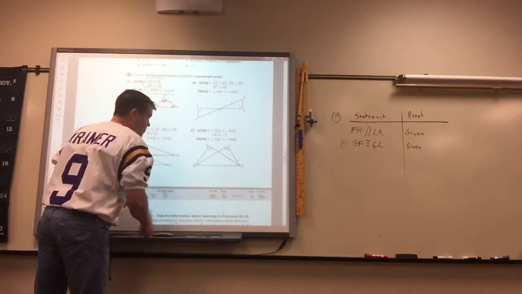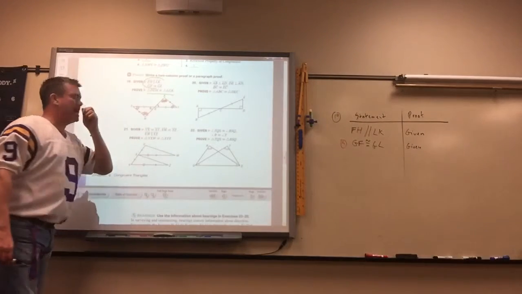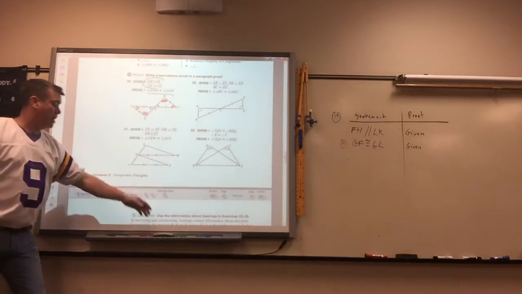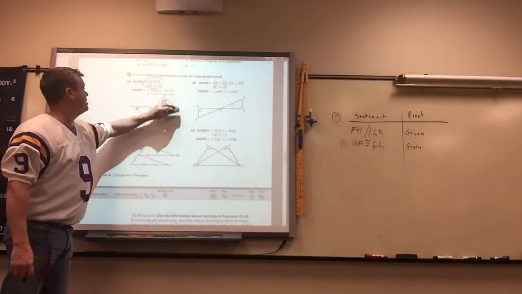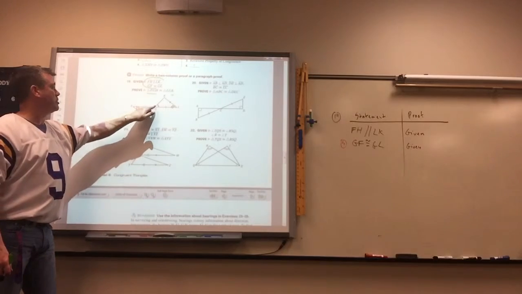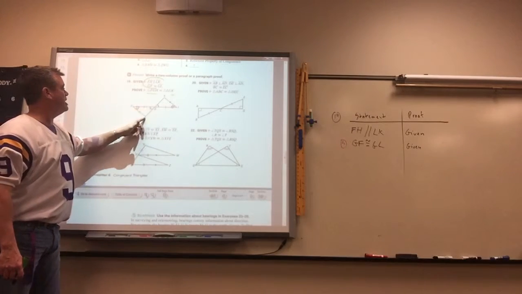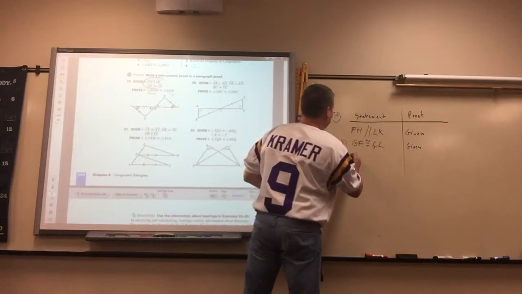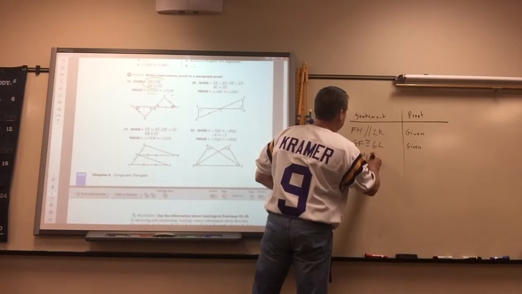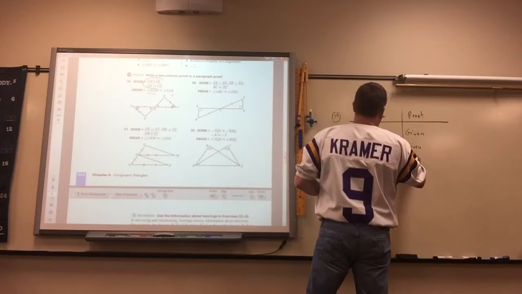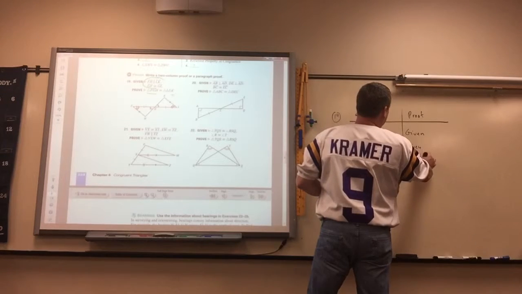So you don't have to put all the information in there. What I would do is, vertical angles are always easy to spot, so I'd put that in there. Angle FGH is congruent to angle KGL because vertical angles are congruent.